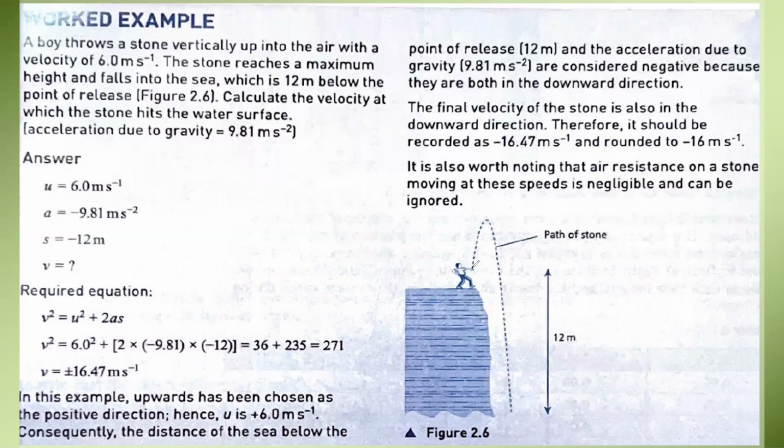It is launched at a speed of 6 meters per second. The final speed at the top will be 0, and the acceleration will be negative 9.8 meters per second squared. First, using V equals U plus AT, we find the time to reach the maximum height, T1. Then the time to come back to the same level where we launched will be T2, so the total will be twice the time to reach the maximum height. Then it is coming down.